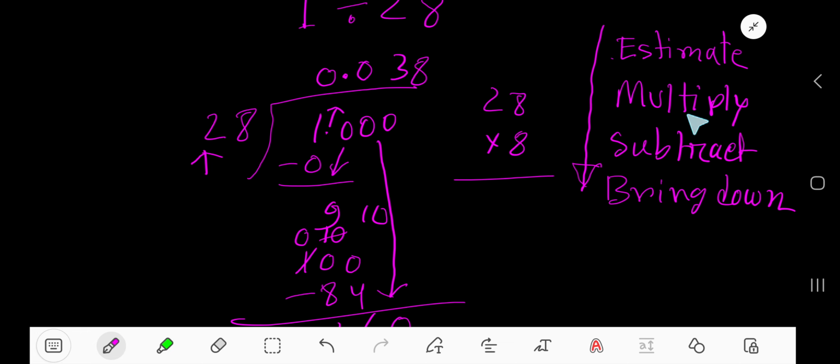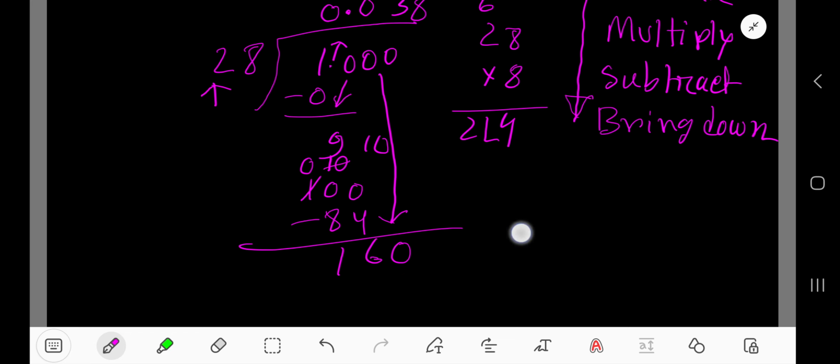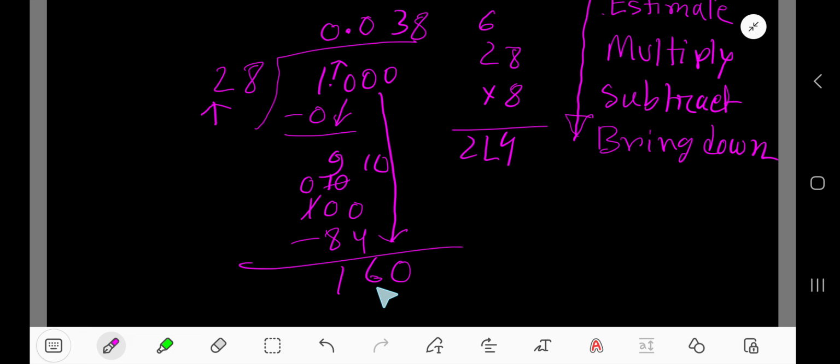After estimation we need to multiply. 8 times 8, 64. Write 4 and carry 6 to the next column. 8 times 2, 16. 16 plus 6, 22. 224, which is much greater than 160, right?